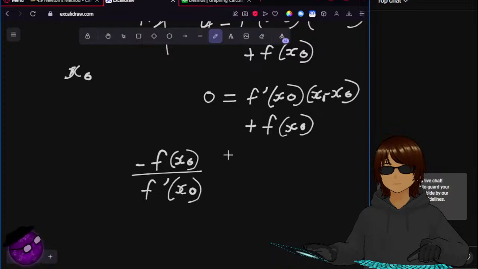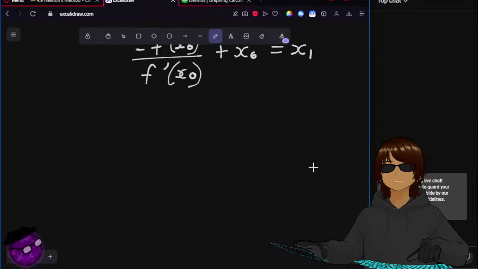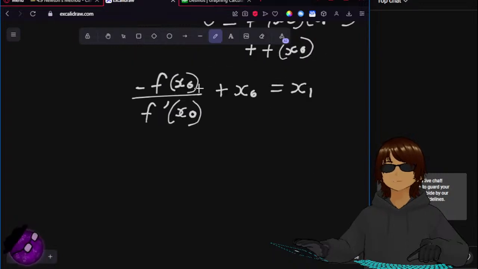The derivative is equal to x. So for the x2, we will repeat the same process, but x1 would be here, then x2 would be here.